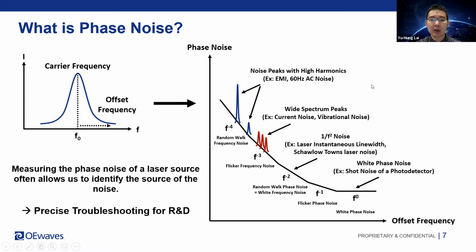On the other hand, we see wide spectrum peaks, like a lot of peaks in a wide broadband. This is characterized by current noise and also vibration noise. So measuring the phase noise of a laser source often allows us to identify the source of the noise. So this will help us to precisely troubleshoot the issues and will boost our R&D.